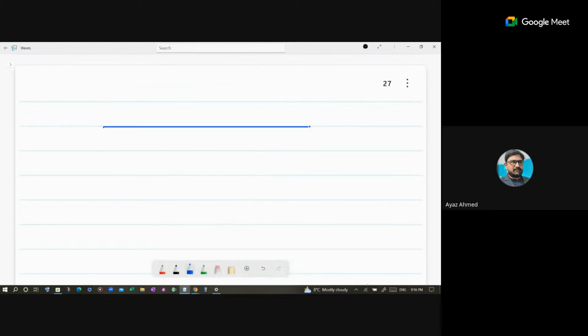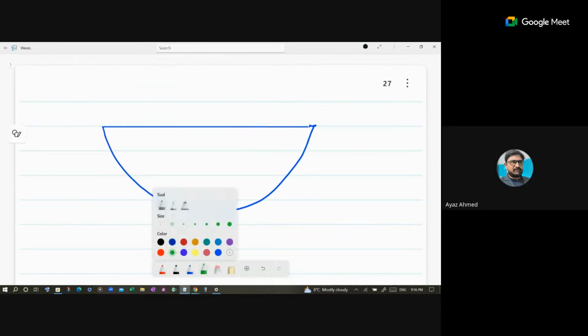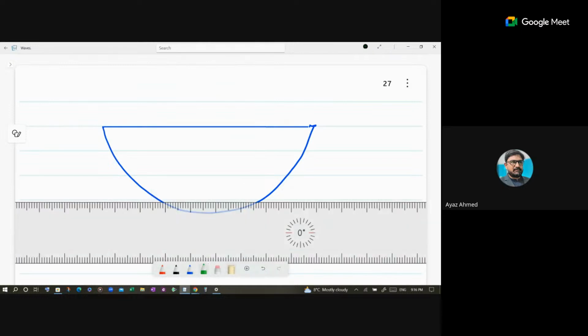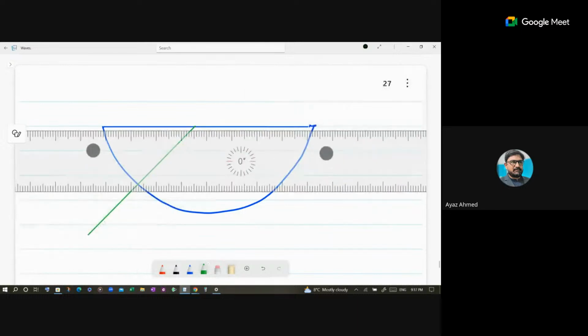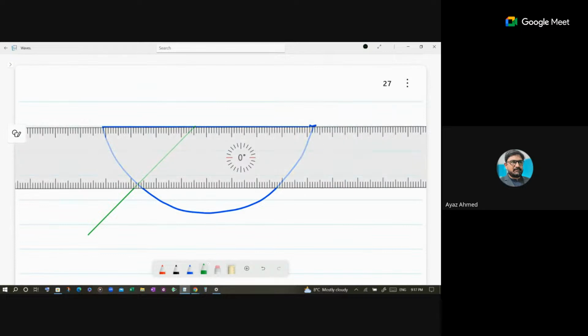I don't know how to draw this semi curve, but let's say this is a semi curve. Let's say I'm going to incident a light ray over here. So that light ray is incident over here, and the emergent light ray becomes parallel to the boundary of that surface.